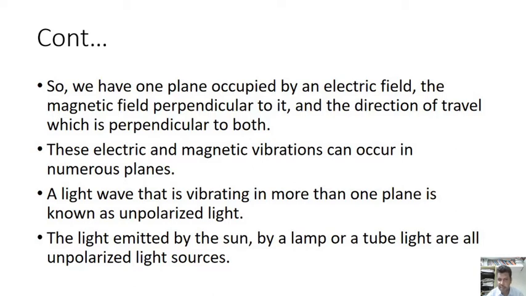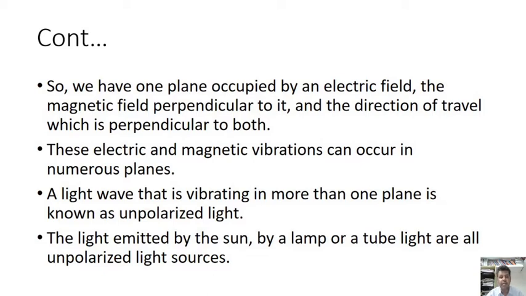These electric and magnetic vibrations can occur in numerous planes. A light wave that is vibrating in more than one plane is known as unpolarized light.